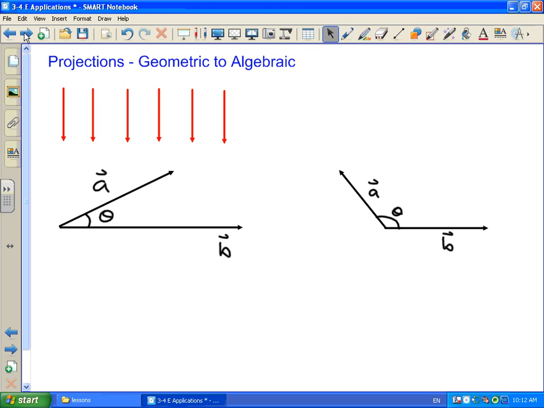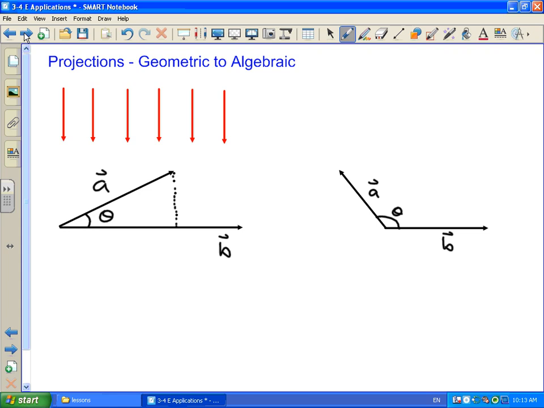If we're talking about the projection of one vector onto another, we've got to imagine that we've got a really bright source of light pointing from the ceiling down, so that these rays of light here that I've done in red are perpendicular to this vector b. Okay. What's going to happen here? Well, this vector a here is going to cast a shadow on vector b. That would be the edge of the shadow, like that.